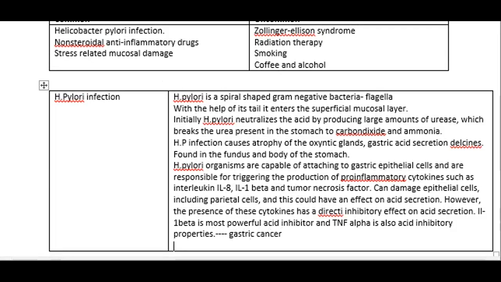Okay, and coming to one more mechanism we have, that is the H plus K plus ATPase pumps that are involved in the final stages of gastric acid production and are stimulated to secrete acid by signaling from the H2 receptors, muscarinic M3 receptors, the gastrin receptors, and the parietal cells.